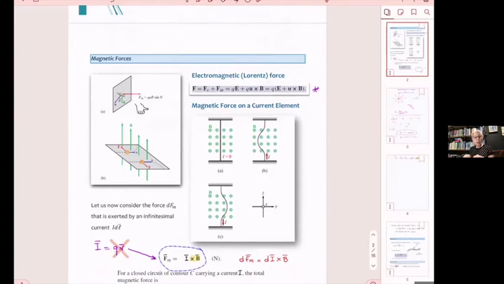And that creates a change of the condition of the wire, which we call a force. So you see that the wire is bending to one direction because of the presence of the B field. And if the direction of the current changes, the wire bends in the other direction.